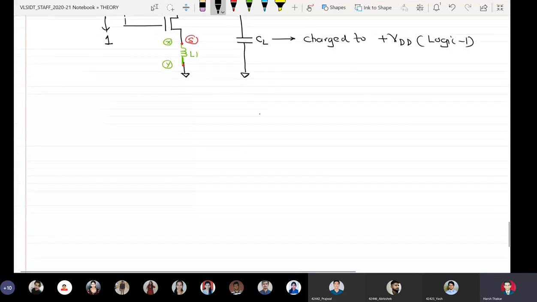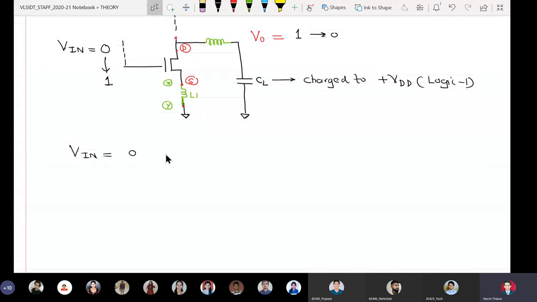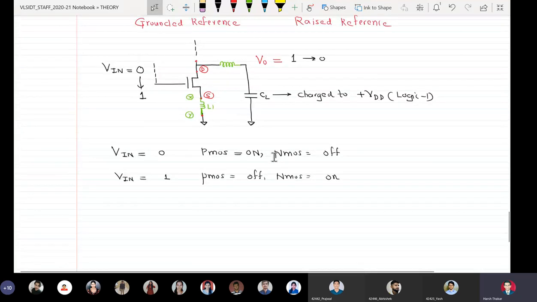So Vin equal to 0, PMOS equal to on, and NMOS equal to off. Vin equal to 1, PMOS equal to off, NMOS equal to on.